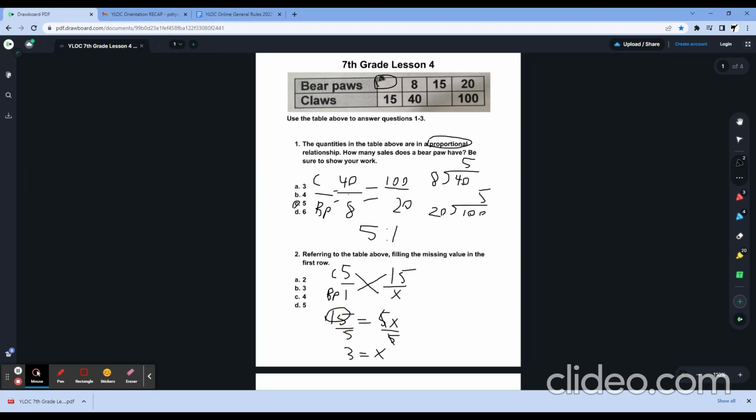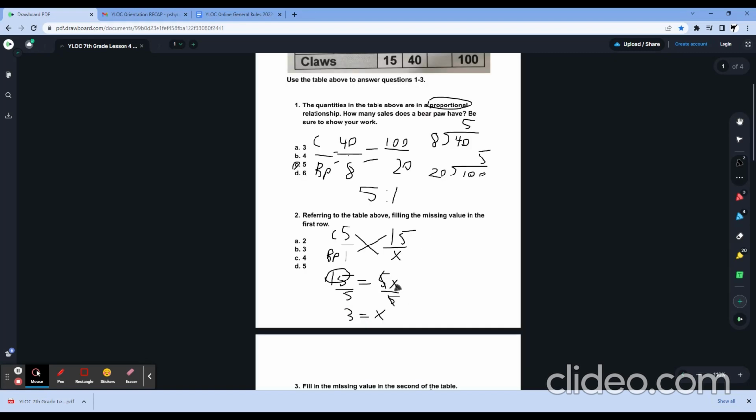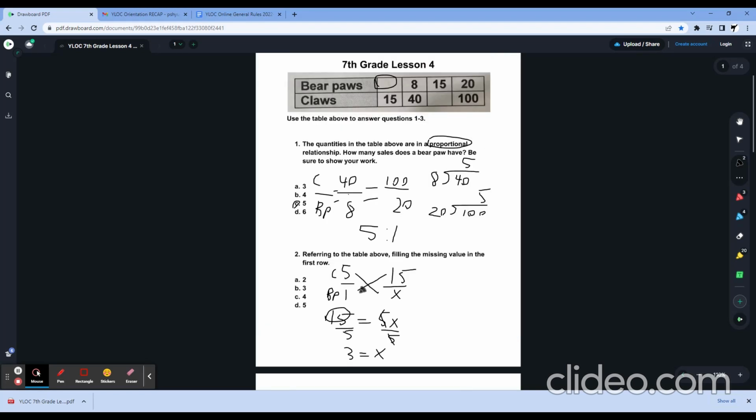We are trying to look for x, which is the missing value. To isolate x, we have got to divide 5 from both sides. So 5 and 5 cancel out, and 15 over 5 is going to be equal to 3.